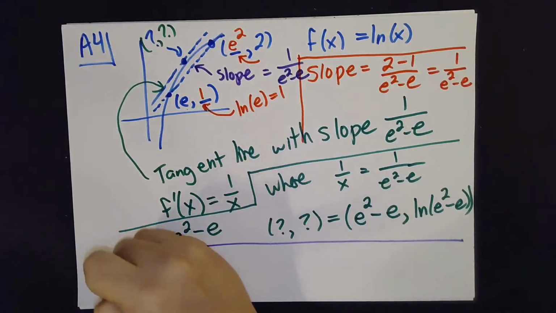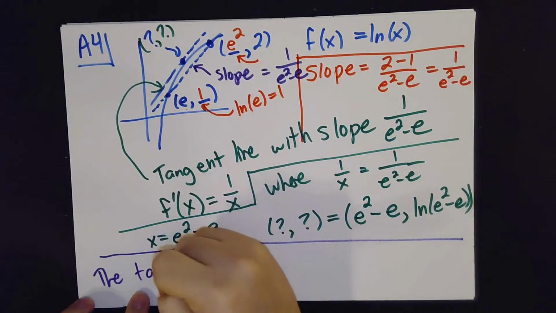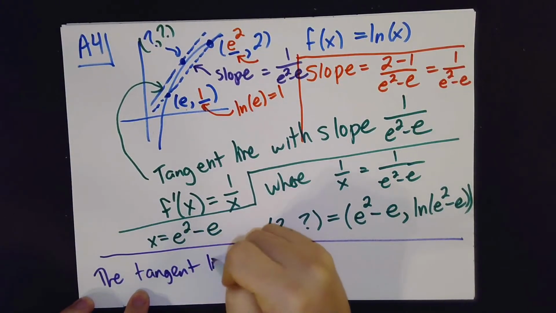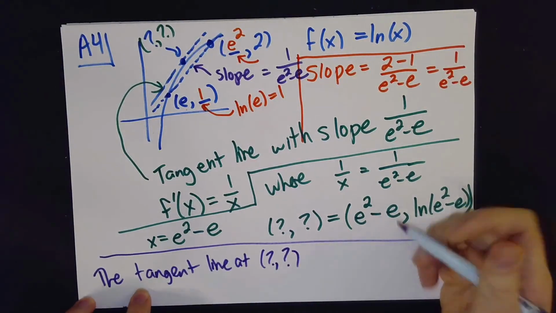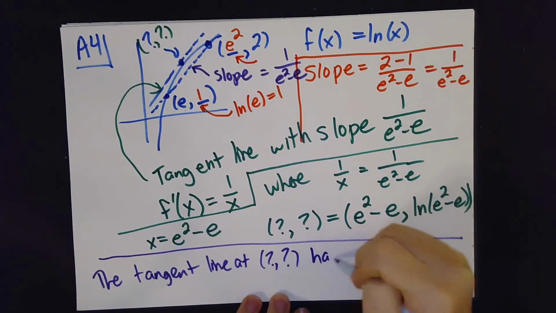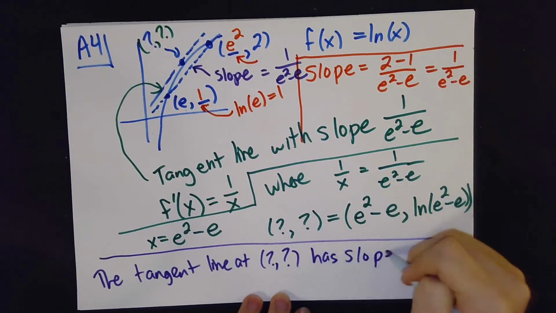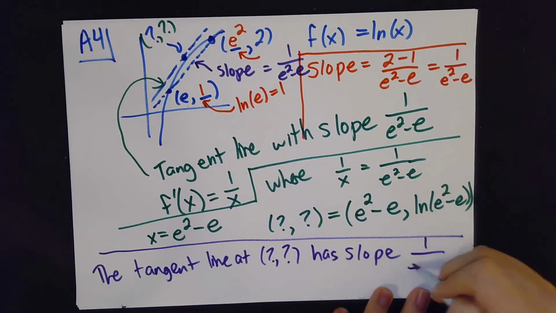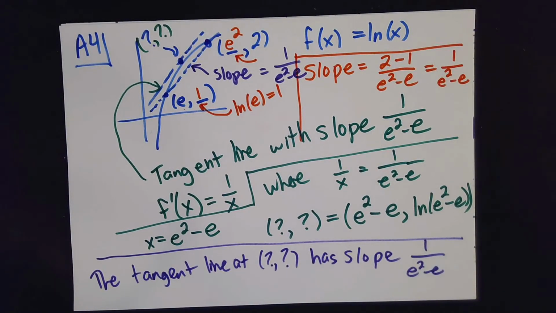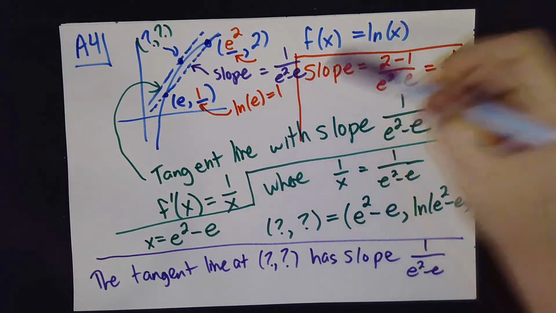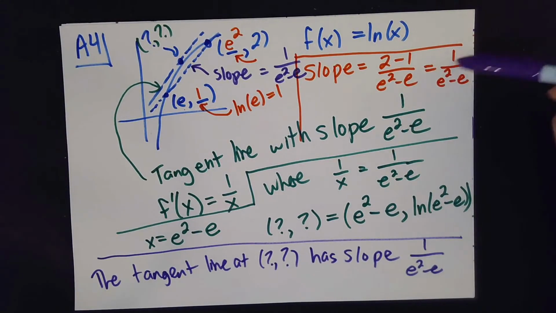The tangent line at this mystery point I'm trying to find has slope 1 over e squared minus e, because it's parallel to this other line that had slope 1 over e squared minus e.